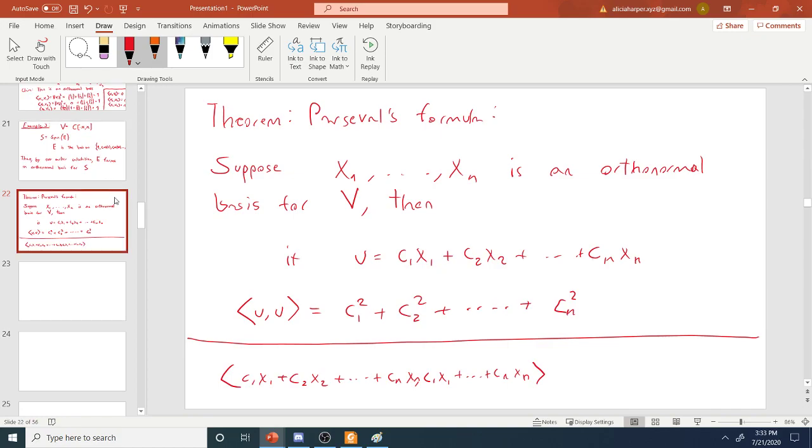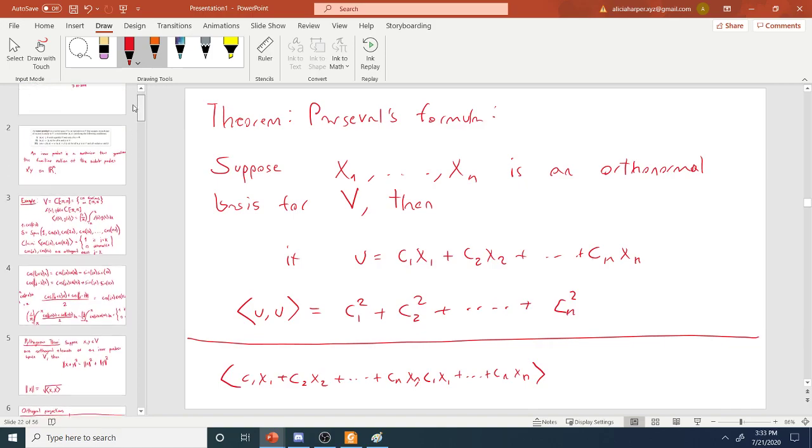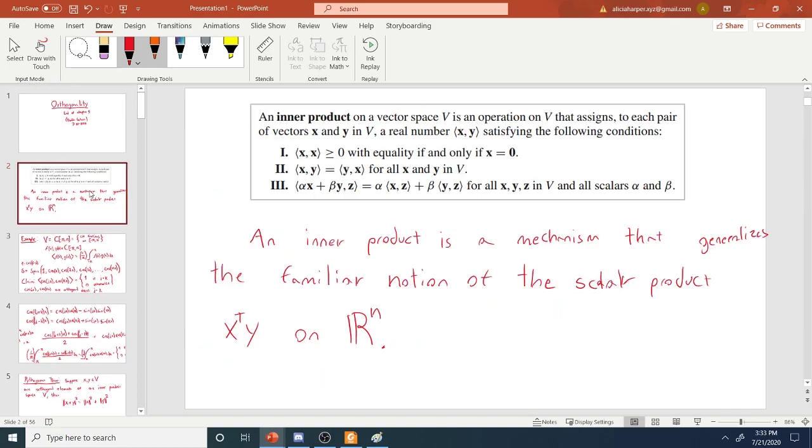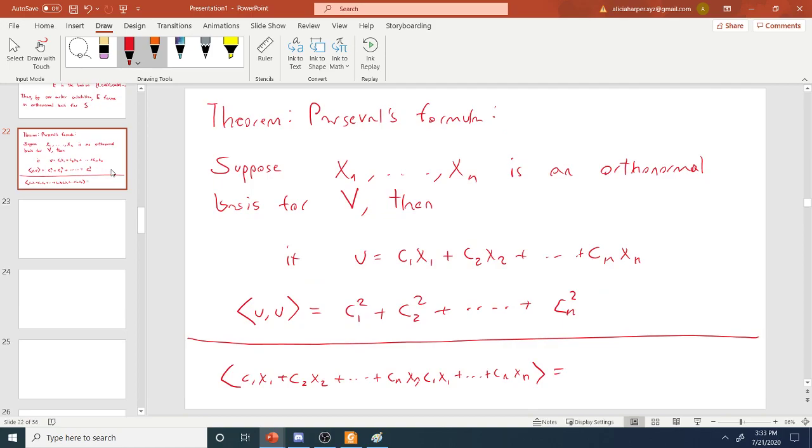And then we use the bilinearity of the inner product to distribute this. And by that I mean we use property 3 and property 2, which shows us that this right here is in fact the same thing as the sum, i equals 1, j equals 1, both summed to n, of Ci Cj times the inner product of xi with xj.